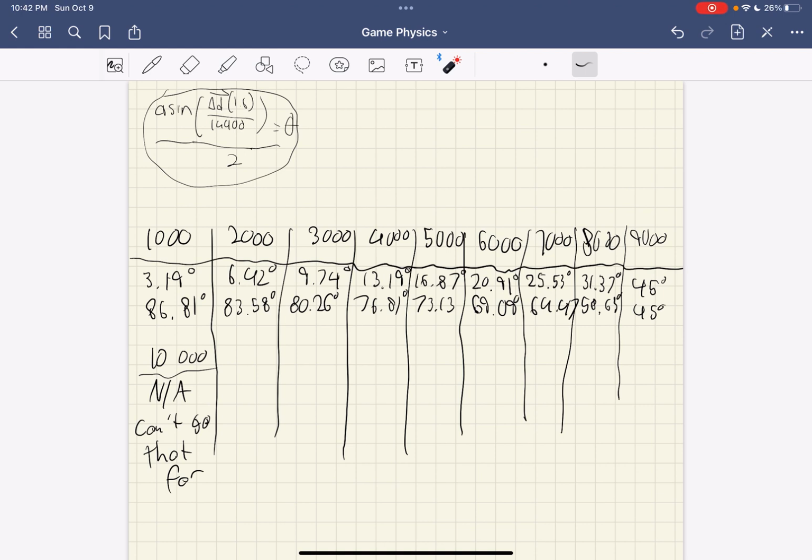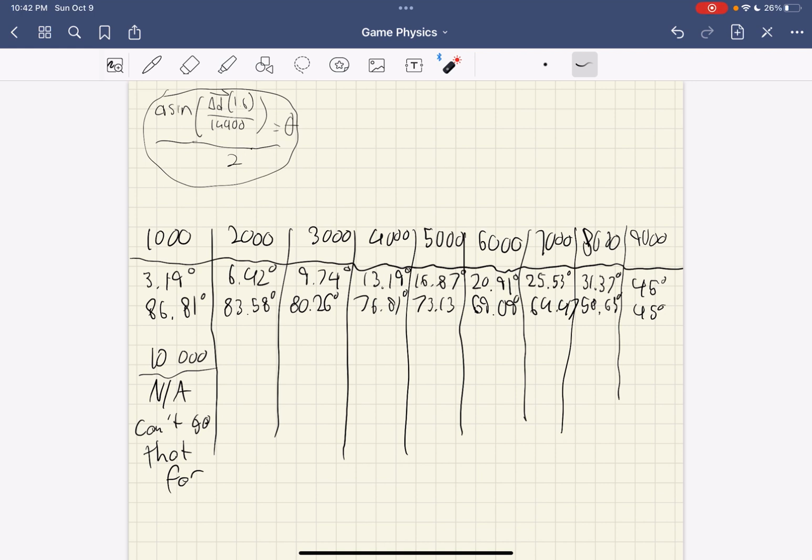figuring out the distance. So using a calculator, I just put in the different distances. I'll explain for 1,000 meters. So for 1,000 meters, I got 3.19 degrees. And knowing that we can get the other angle, which will just be 90 minus 3.19, 86.81 degrees, because we know that 45 is the halfway point.